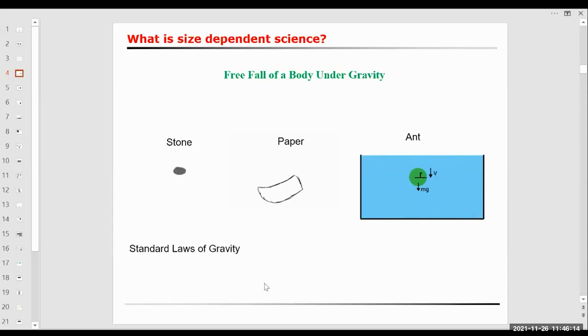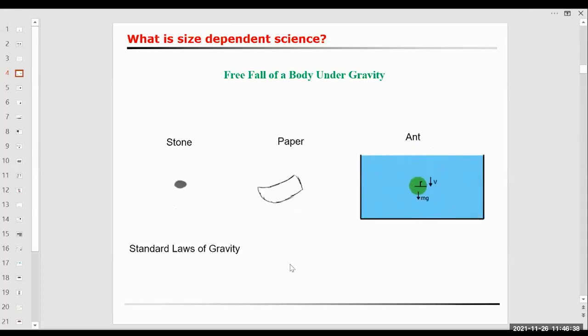Now, it is very important to see that even with known examples, we had not tried to understand by combining these three examples together for quite some time. We never thought of comparing these, and we never thought that these would be useful in understanding size dependent science.